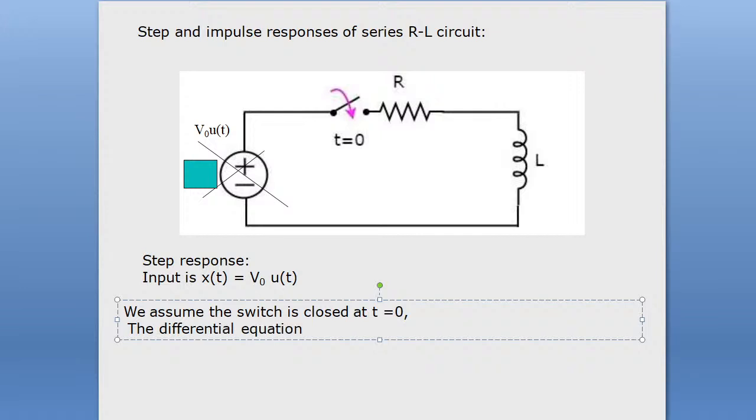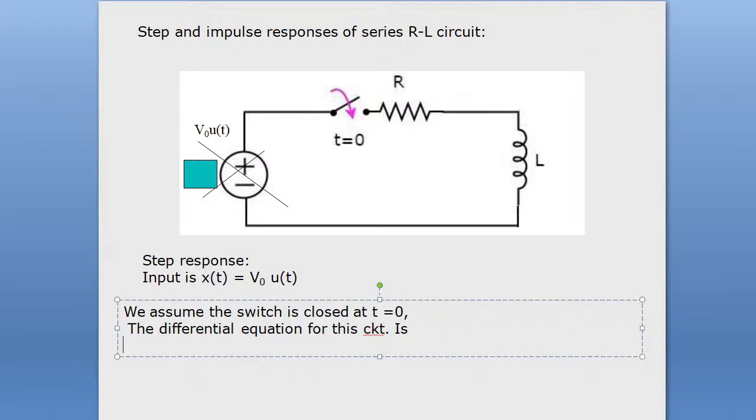We can write, using Kirchhoff voltage law, R i of t plus L di of t by dt equal to the supply voltage V naught u of t.